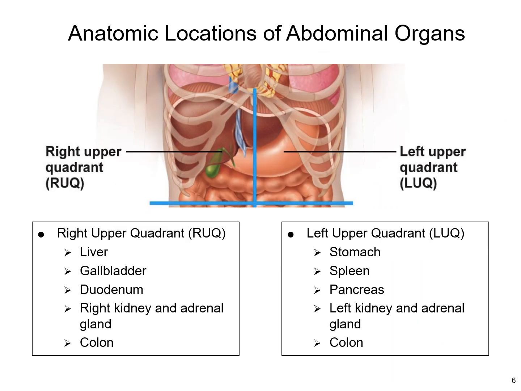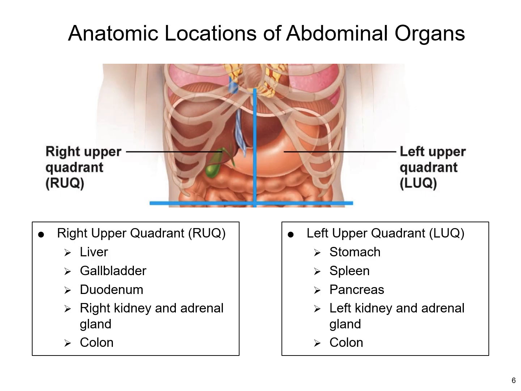It's important for us to know what organs are located in what quadrant. So let's look at the right upper quadrant. In this quadrant, you will have the liver, the gallbladder, the duodenum, the right kidney and adrenal gland, and then the colon.